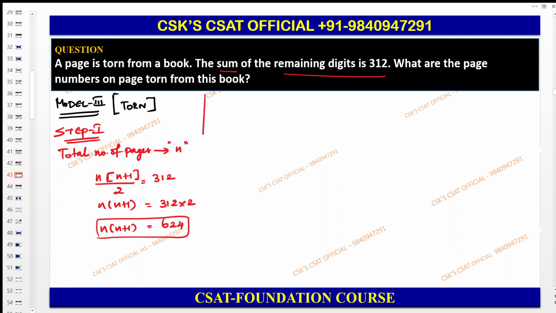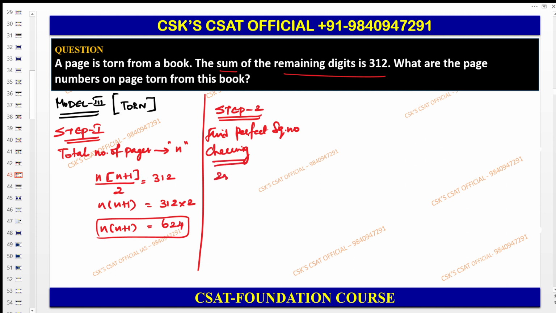Step number 2, you need to find the nearest perfect square. Try 20 into 20, then 25 into 25. Okay, now checking. 25 into 25, very good, is 625.